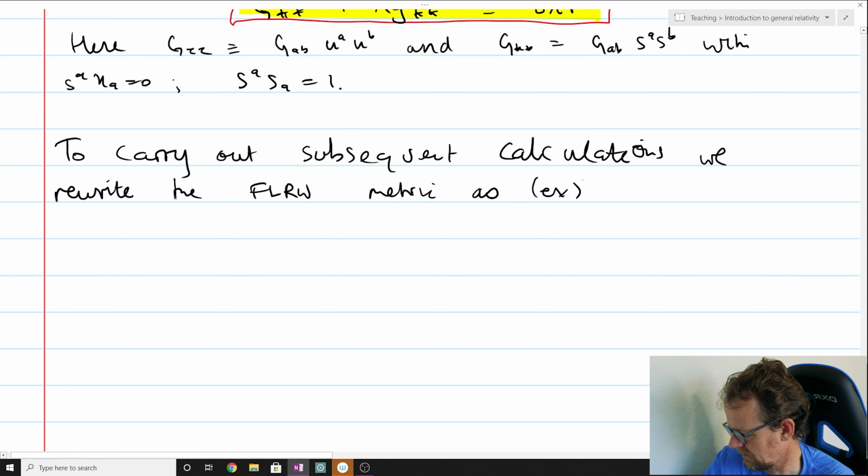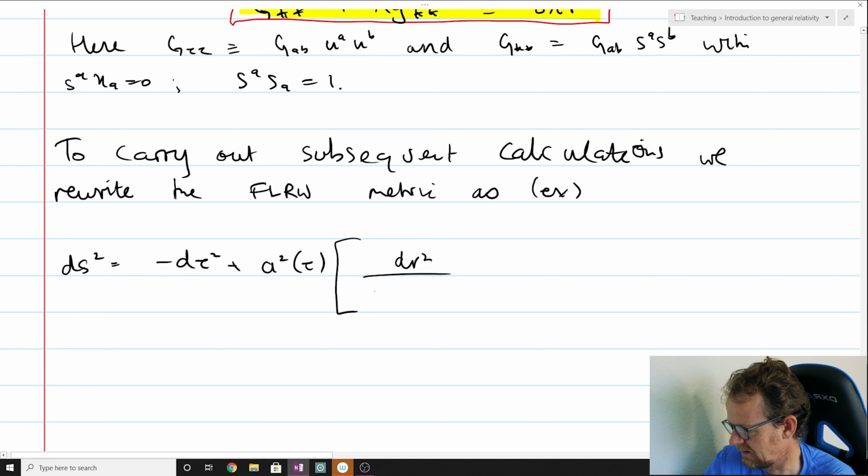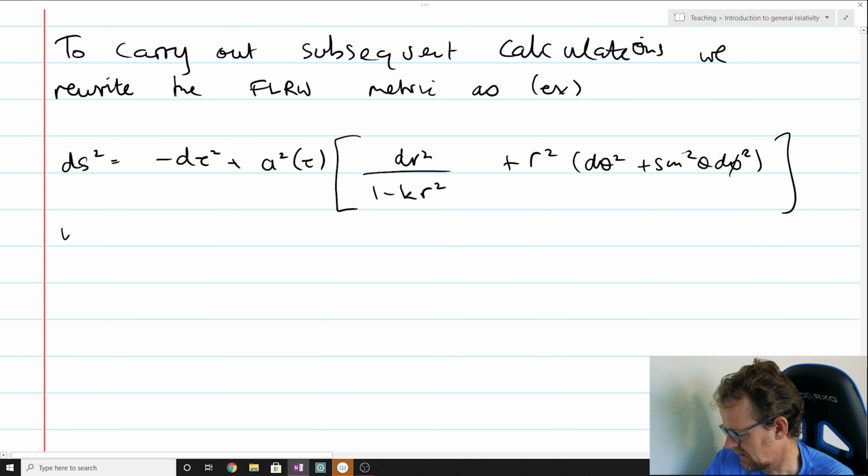It's just a little exercise for you. And it's in this way we can consistently cope with all three possibilities of the constant big K. And how do we do that?